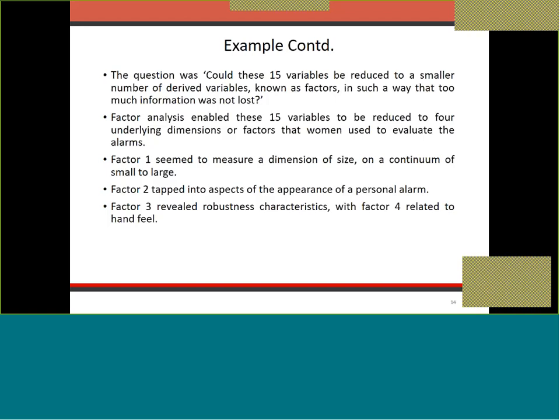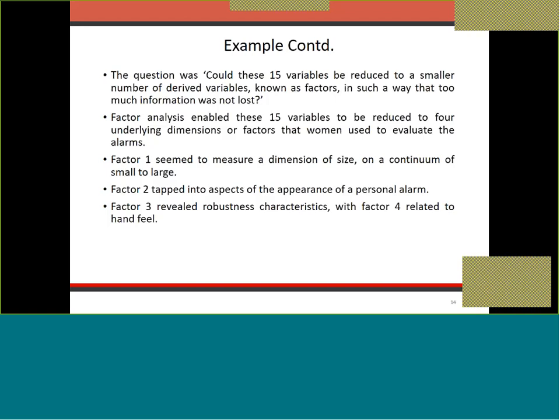Factor analysis enabled these 15 variables to be reduced to 4 underlying dimensions or factors that women used to evaluate the alarms. Factor 1 seemed to measure a dimension of size, on a continuum of small to large. Factor 2 tapped into aspects of the appearance of a personal alarm.